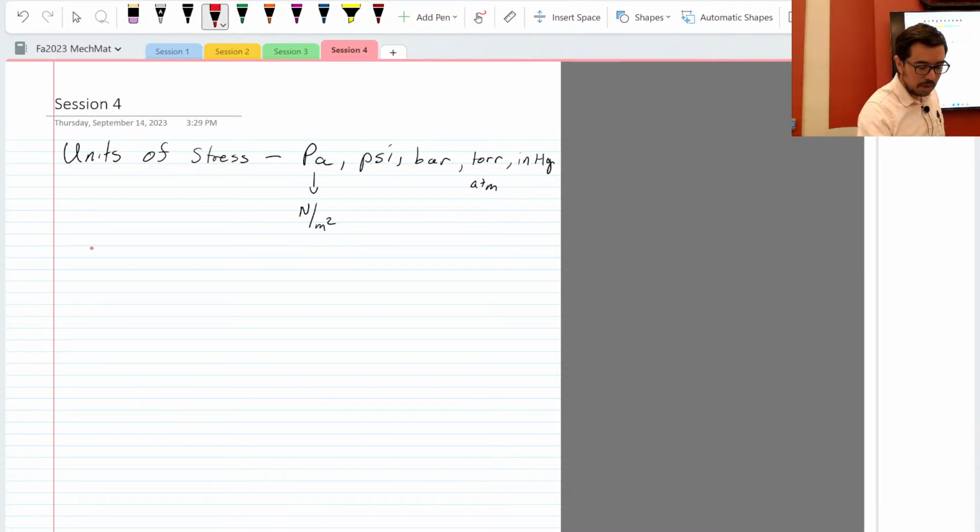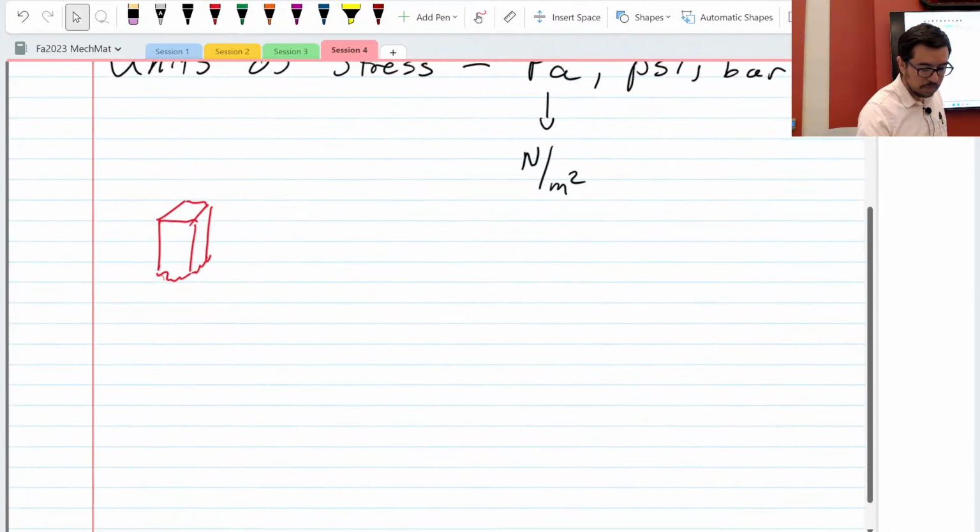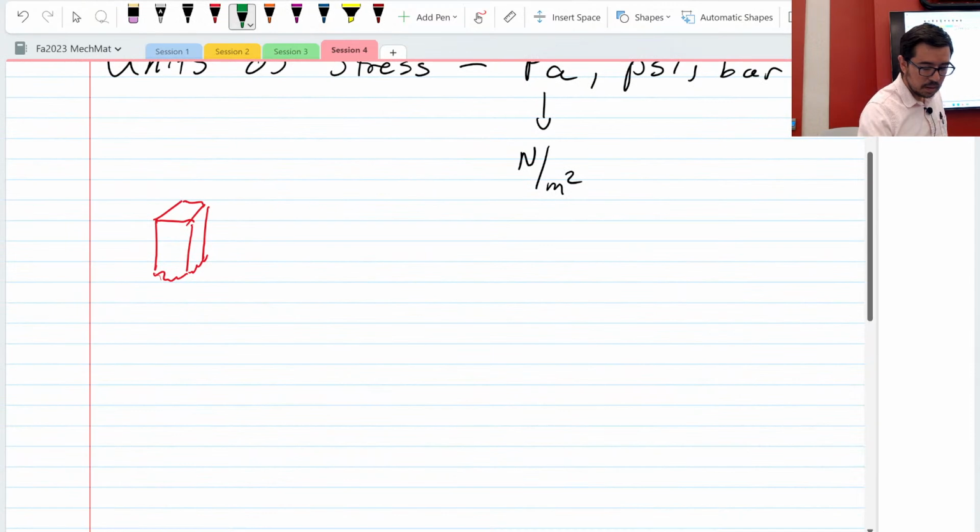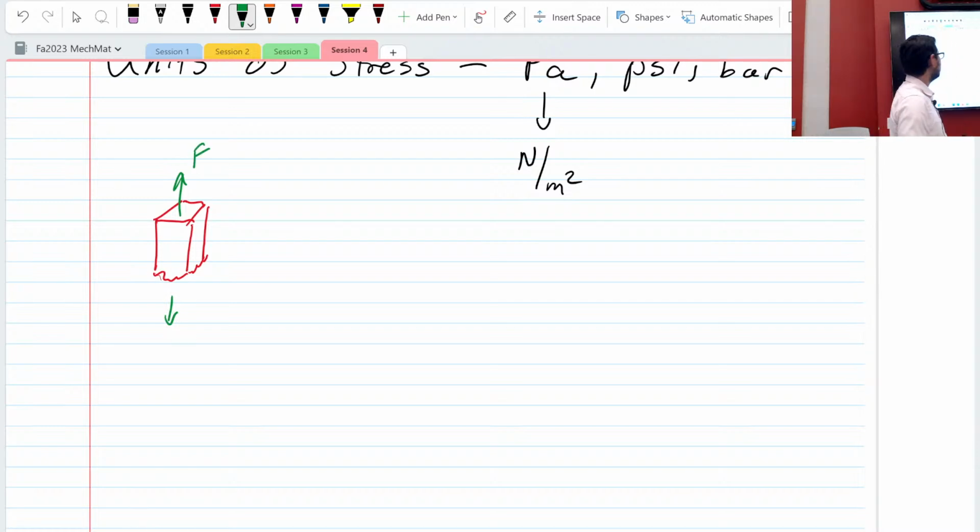So if you've been watching the videos or not, you're starting to see that we can describe the force, maybe with these vectors, like so, with F or P or something like that. But then if we know what the cross-sectional area is, we can come up with what the normal stress is.